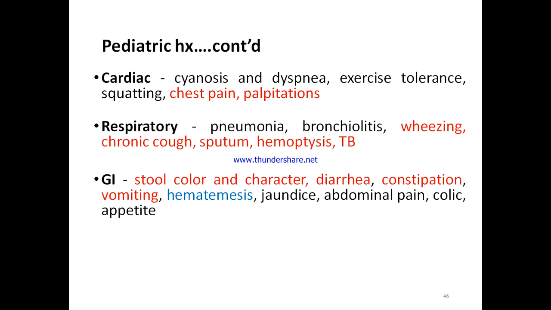On respiration, we can assess breathing, any abnormal sounds or cough. GI system: check stool colors and character, diarrhea, constipation, vomiting, or vomiting which contains blood, abnormal color of stools, abdominal pain, colic, and appetite, which is better assessed during gastrointestinal assessment.